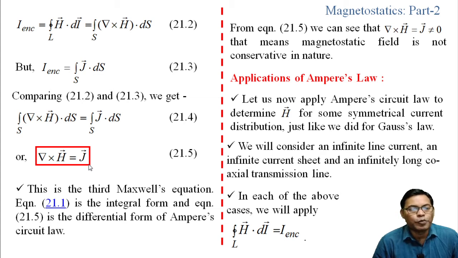Here we will consider an infinite line current, an infinite current sheet, and an infinitely long coaxial transmission line. For all these three cases, we are going to find the magnetic field intensity using Ampere's law. For each of these cases, we will apply the line integral of H dot dl equals I enclosed.